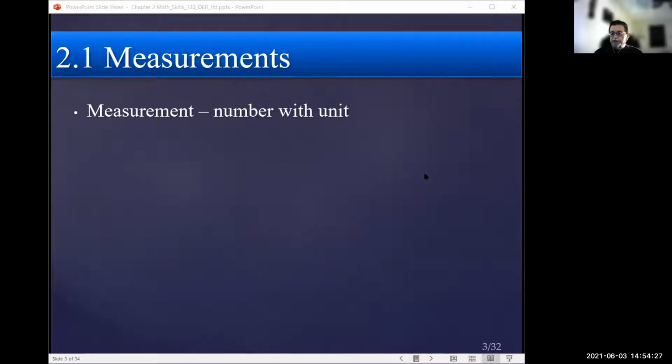Obviously a measurement is simply a number, but more importantly, it is a number with some type of unit. Now we're going to be using metric units, grams, kilograms, whatever. Now we will do conversions from English to metric simply to demonstrate this technique that we utilize to get from point A to point B.